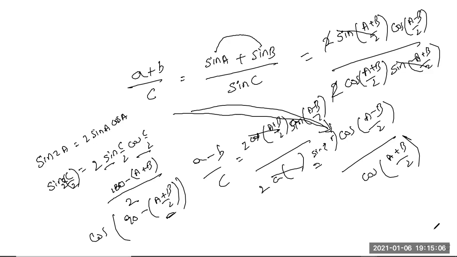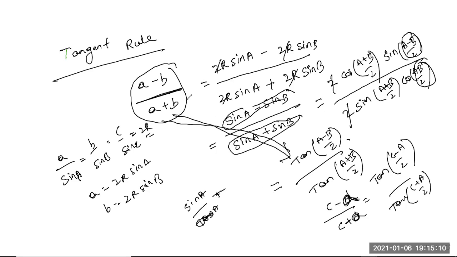You will get tangents only if you take the ratio of the addition of two sides and the subtraction of two sides. I'm saying you can also do it like this.